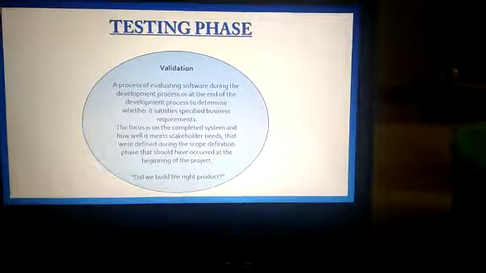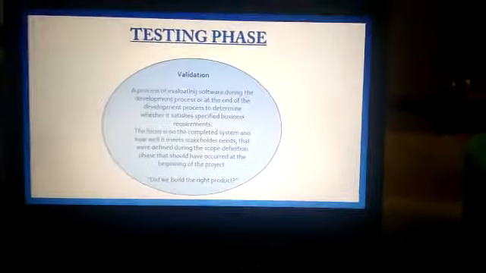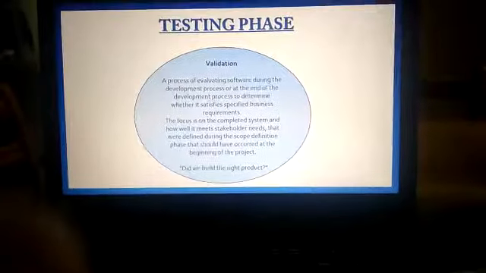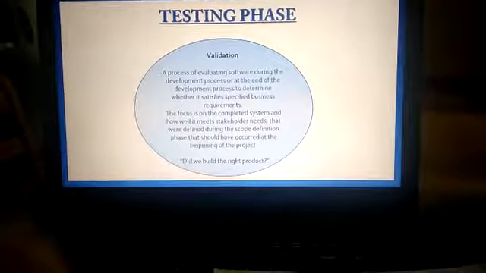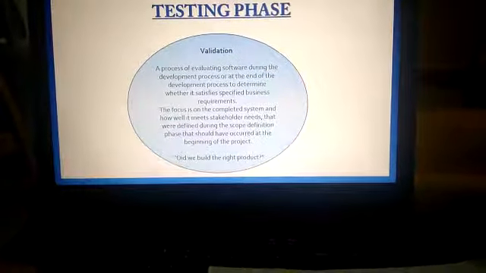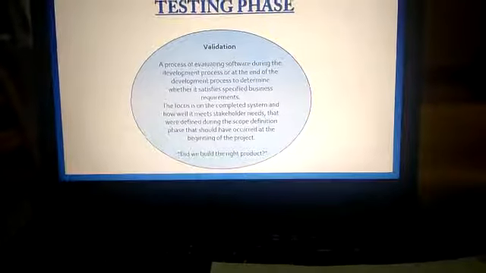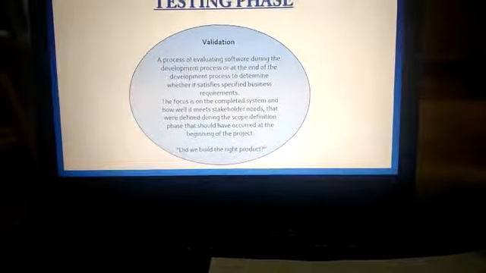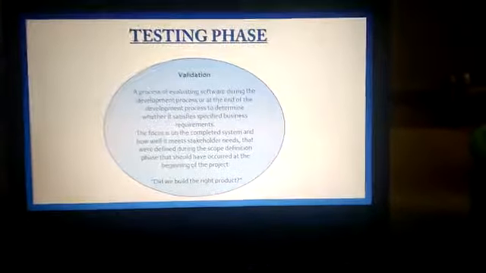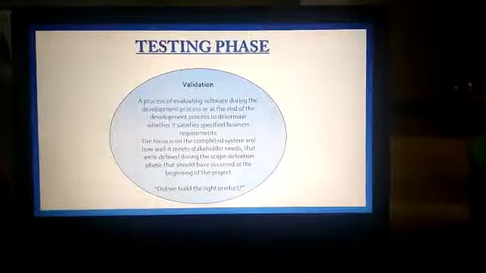So the focus is on the complete system and how well it meets the stakeholder needs that were defined during the scope definition phase that should have occurred at the beginning of the project. So the main question here is, did we build the right product?